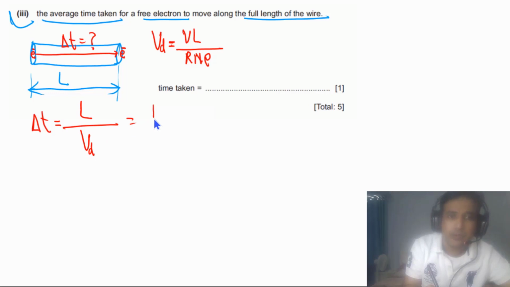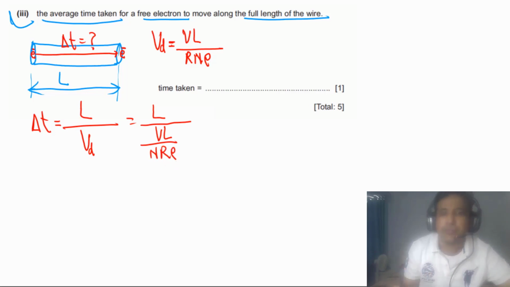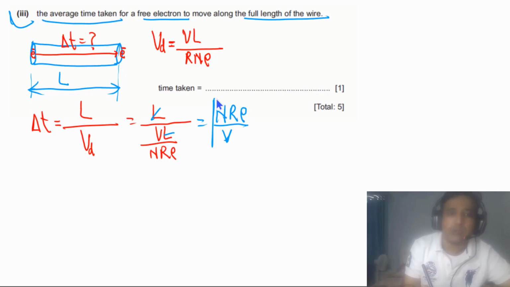So we can write down, we have L, and this is divided by VL divided by N capital RE. So from here we can cancel this L with this. So we are left with capital N capital R E divided by the potential difference. So this is our final answer.